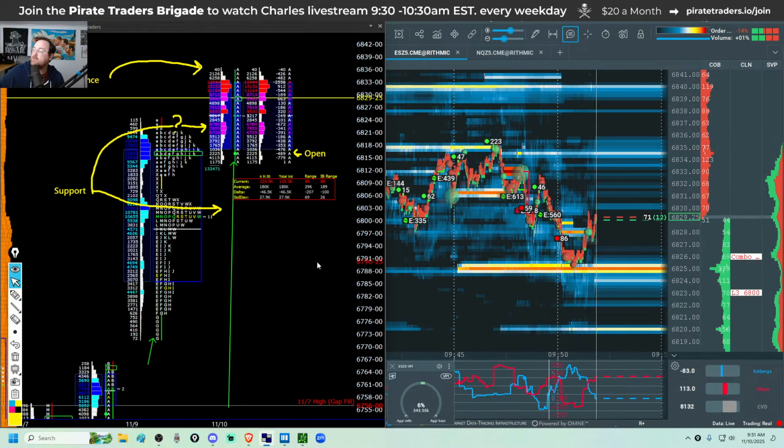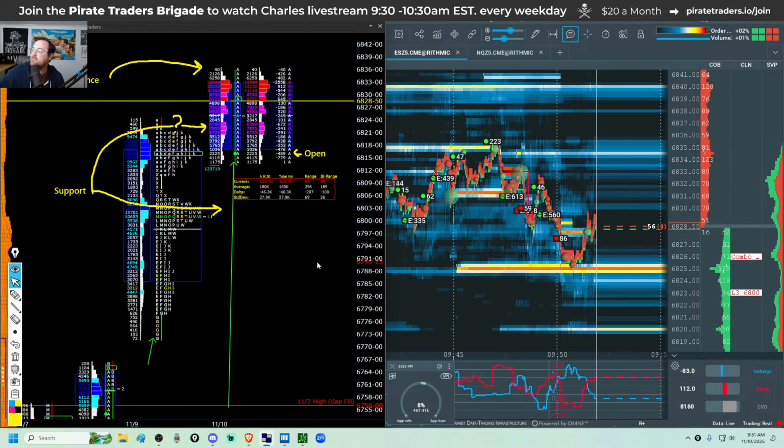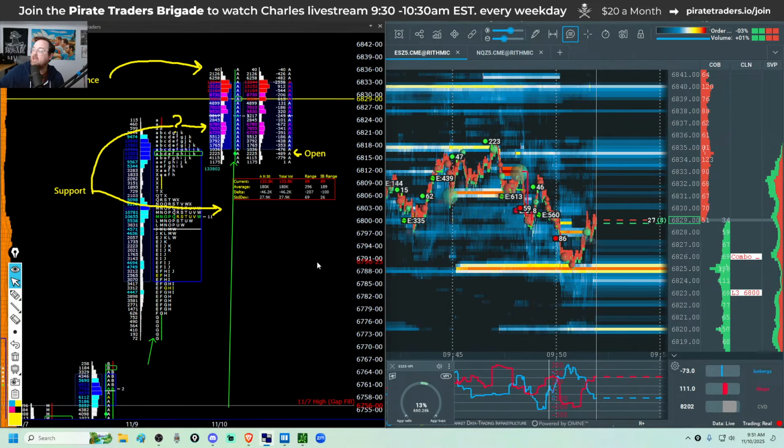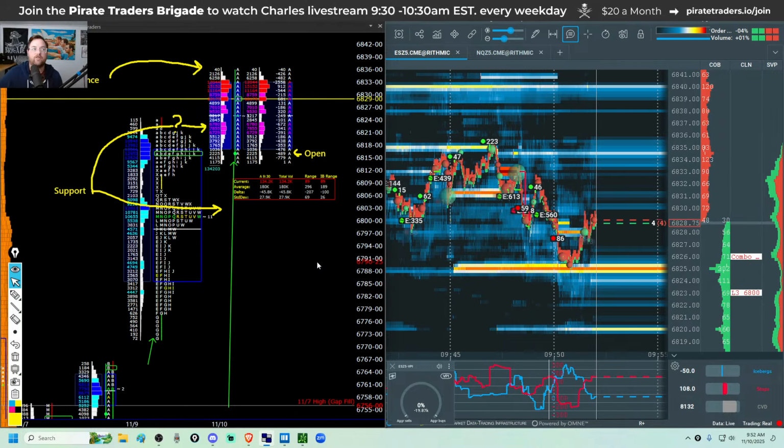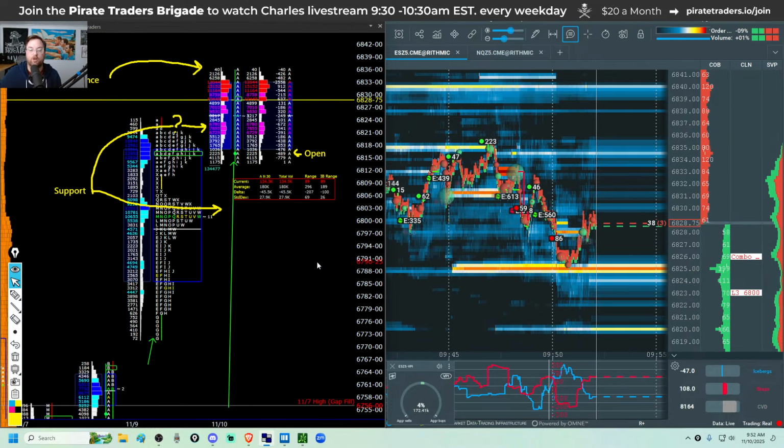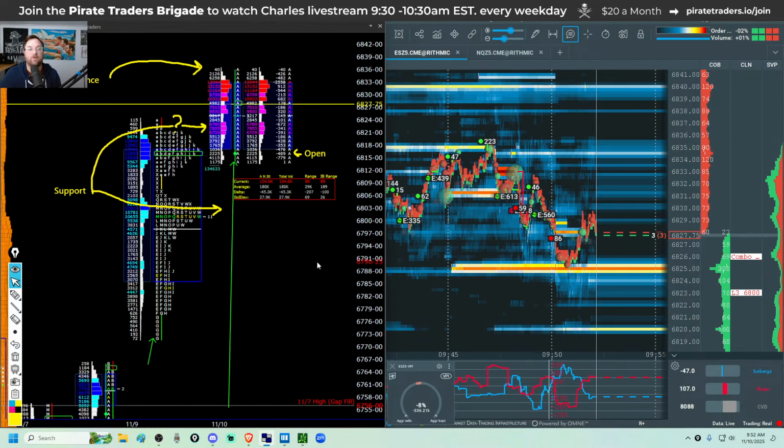There was a question from Zap in the Bookmap that says, is there any way to see gold futures on this app? Yeah, so you can look at any asset that you have a data feed for in Bookmap. So you can just pay for gold futures and you'll be able to look at gold futures in Bookmap.